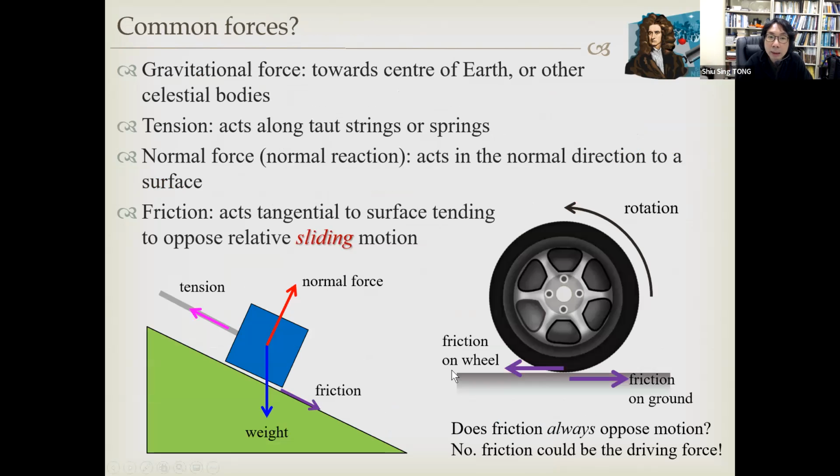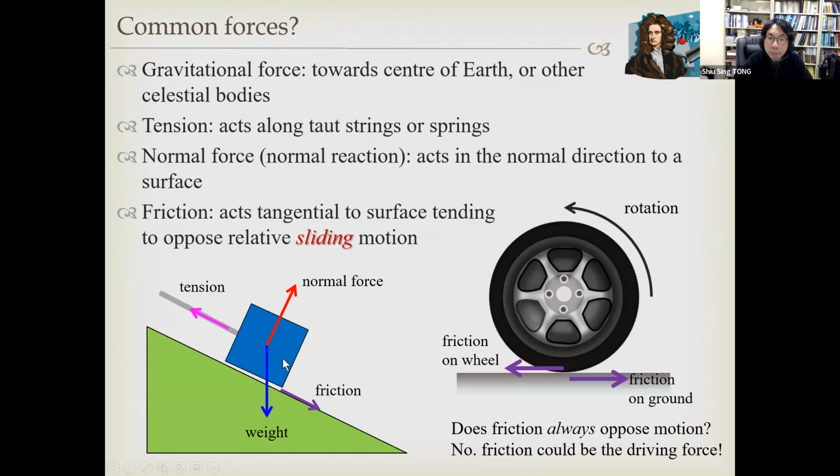There are many kinds of common force. The first kind is gravitational force, which is always directed towards the center of the Earth. Or if you are on another celestial body, like the sun or the moon, the gravitational force will be directed to the center of that body. The tension force acts along a taut string or spring.